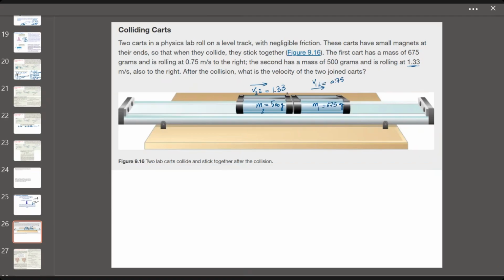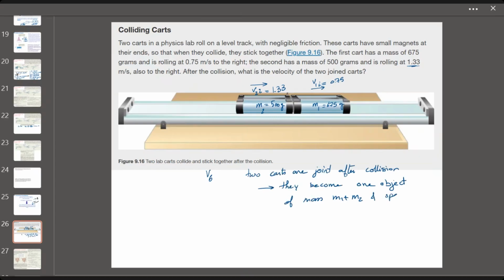After the collision, what is the velocity of the two joined carts? So we want V final. Now, one thing is, the two carts are joined after the collision. So they become one object of mass M1 plus M2 and speed V final, which means I will not put in my formula V1 final and V2 final.